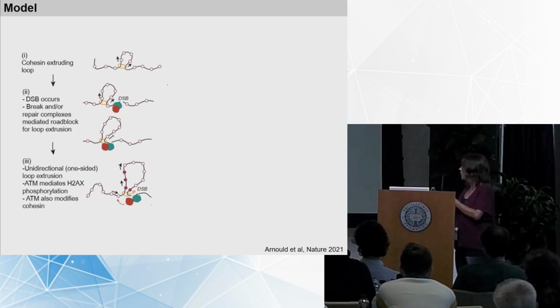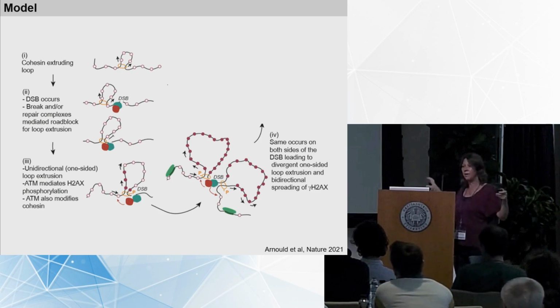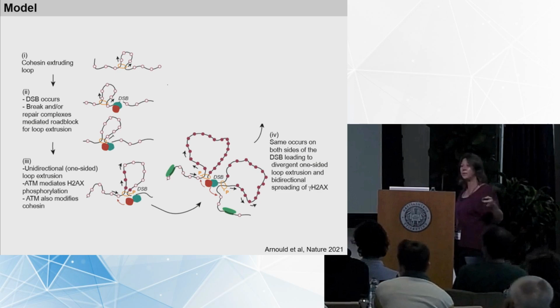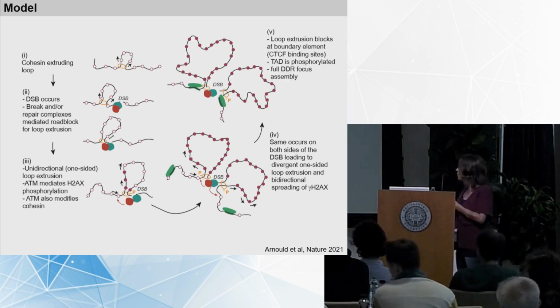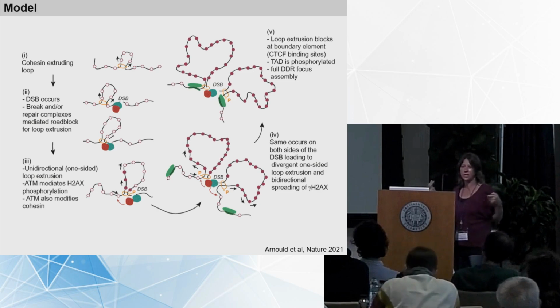Here I put a ring, but we know it's not necessarily a ring. This occurs on both sides of the break, so that you end up with this bidirectional spreading of gamma H2AX, and it will naturally stop at boundary elements such as CTCF boundaries.